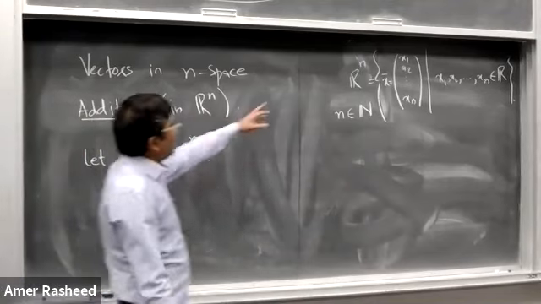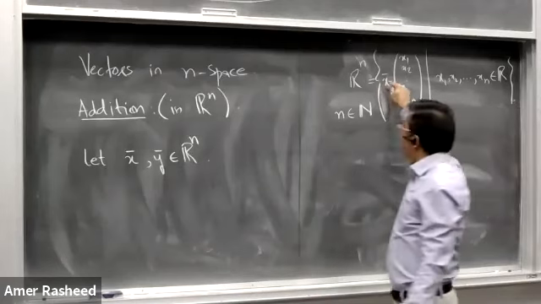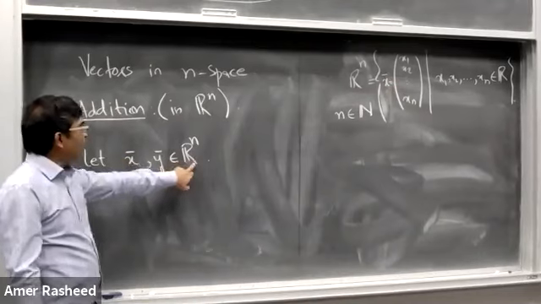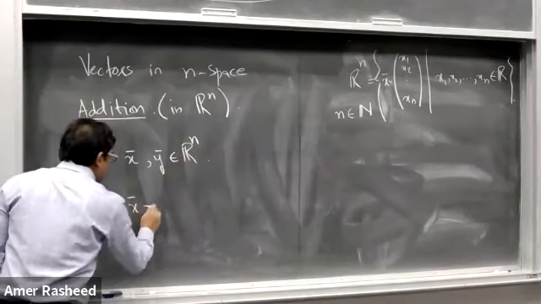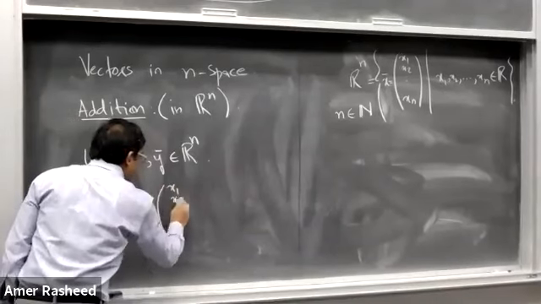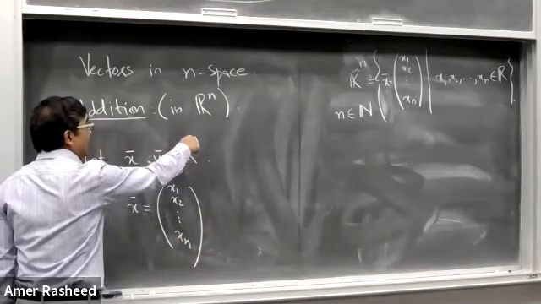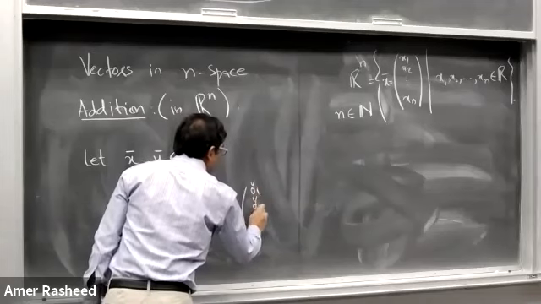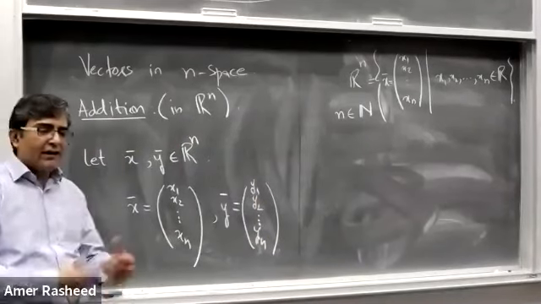The elements of Rn are basically vectors, and vectors are denoted by x bar. Now, whenever I say x bar and y bar belong to Rn, what does it mean? It means I can write x in this way, x1, x2, and so on, xn, because x is a vector in Rn, and Rn has n components. And I can write y as y1, y2, and so on, yn.